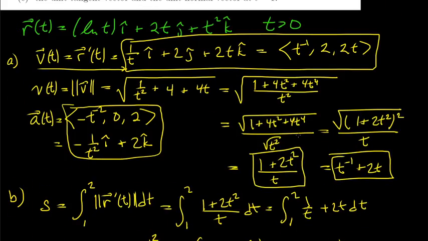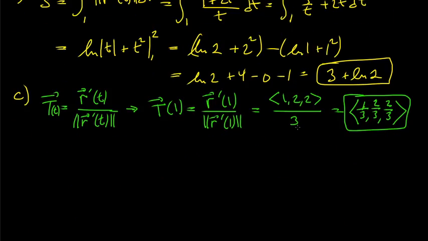The more difficult one, of course, is the unit normal vector. So remember how that goes. We have to take the derivative of the unit tangent vector and then divide by the magnitude of the derivative of the unit tangent vector, to normalize it. Okay, so yeah, here obviously we can't plug in 1 and then take the derivative because we just get 0.